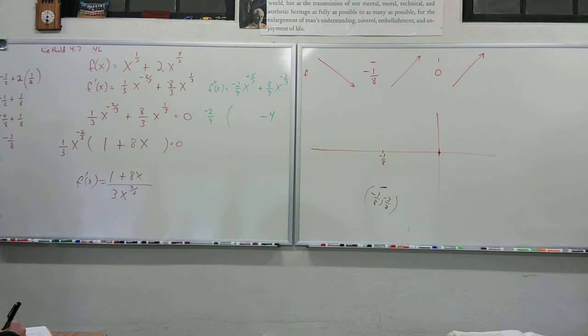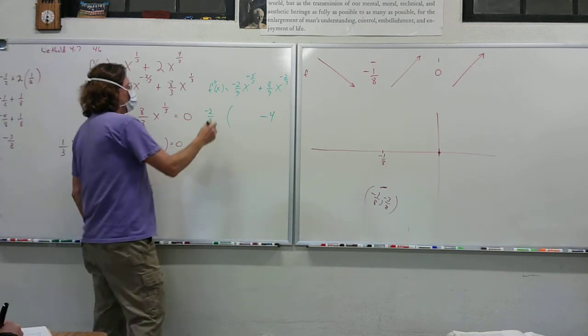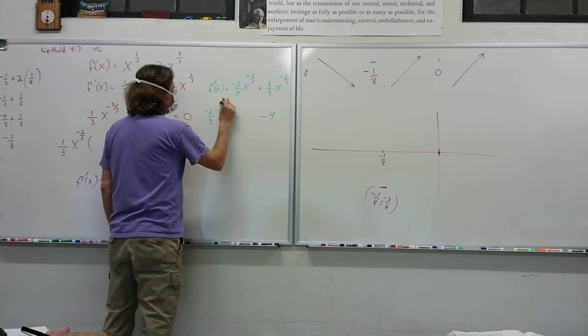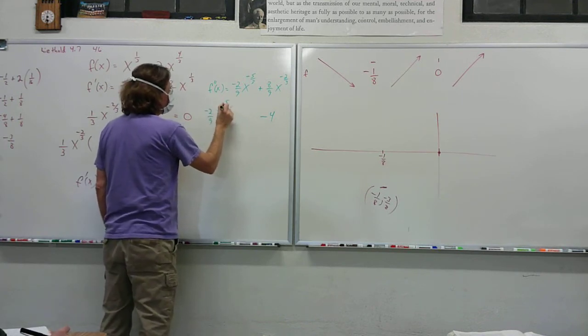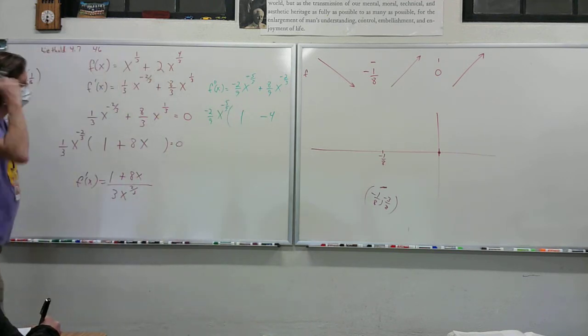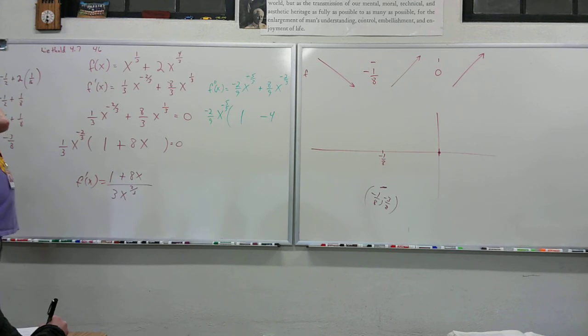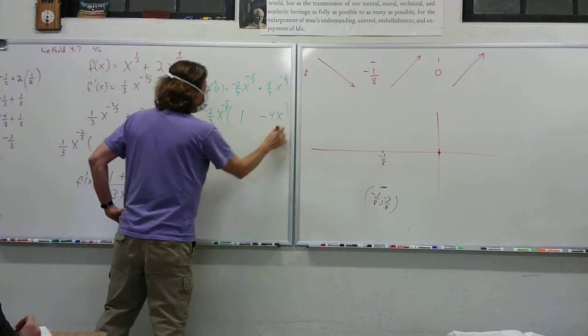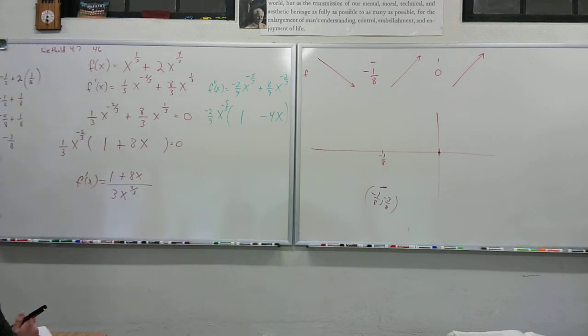Then I'm going to factor out the x. What power of the x am I going to factor out? Negative 5 over 3. That all becomes a 1. Then x to the negative 2/3 is just going to become x. Can't believe it. Does it really just become x? It does. It really does just become x, right?